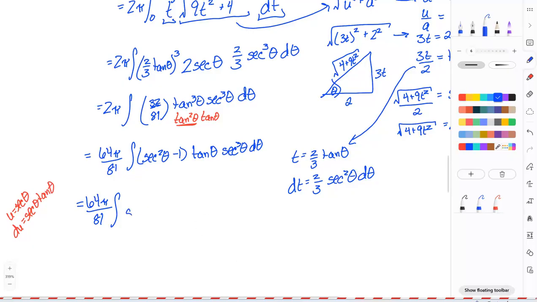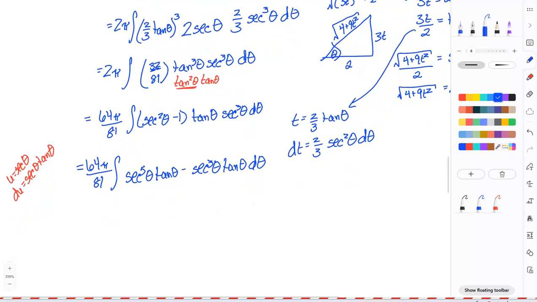So we're going to have secant to the 5th of theta times tangent of theta minus secant cubed of theta times tangent of theta, d theta. So I'm going to have secant to the 4th of theta times secant theta, tangent theta, minus secant squared theta times secant tangent.